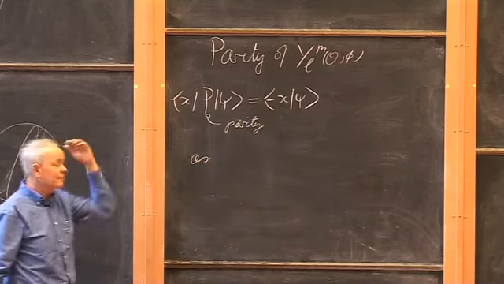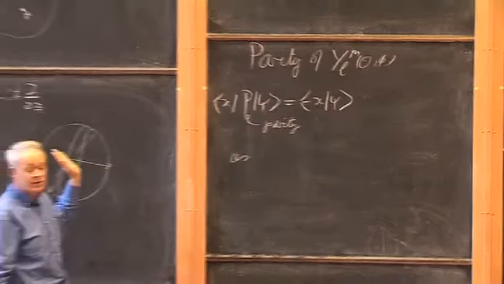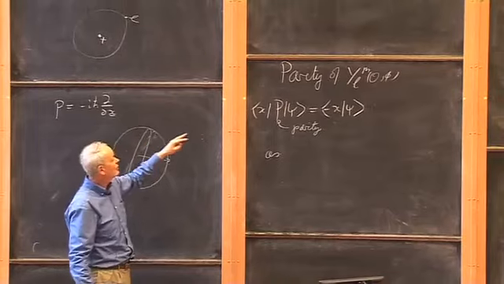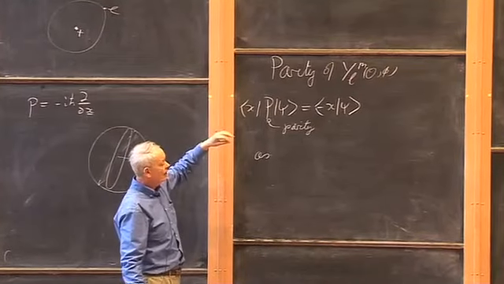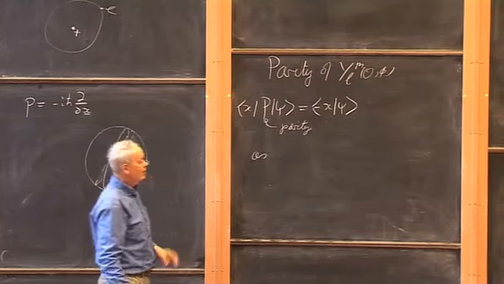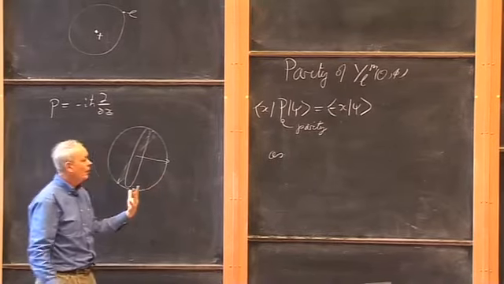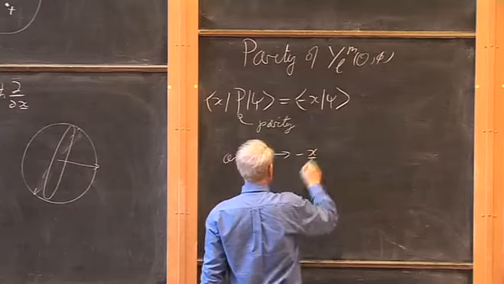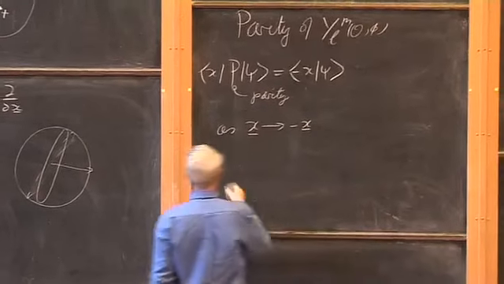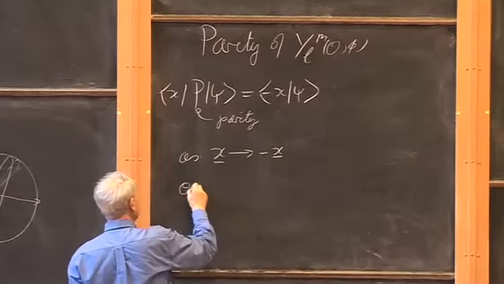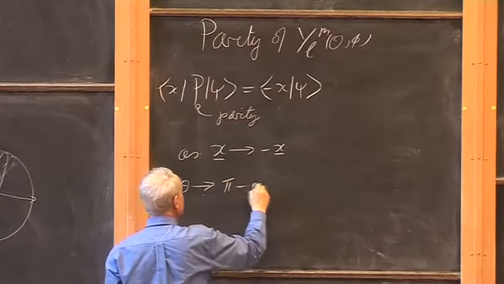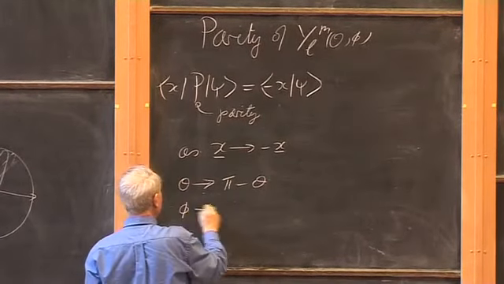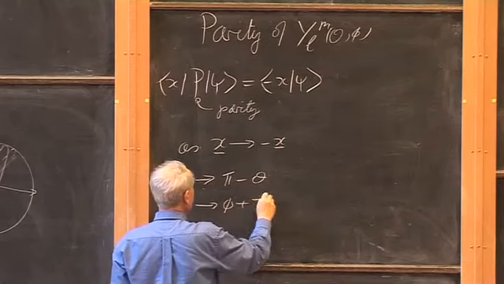Since our Y's are all defined in terms of polar coordinates, we need to translate the operation of going from x to minus x into spherical polar coordinates. So as we go from x to minus x, it's easy to check that what happens is that theta goes to pi minus theta, and phi goes to phi plus pi.